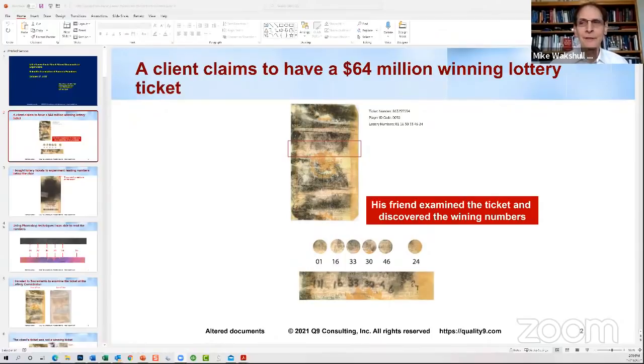The sun hit it and faded it, and he had a friend who was an architect who was able to read the lottery numbers and showed that he won the $64 million. His friend wrote in underneath each one of the numbers on the ticket. But he said, my friend's an architect, he's not a document examiner, and I need a document examiner who can authenticate that this is legitimate.